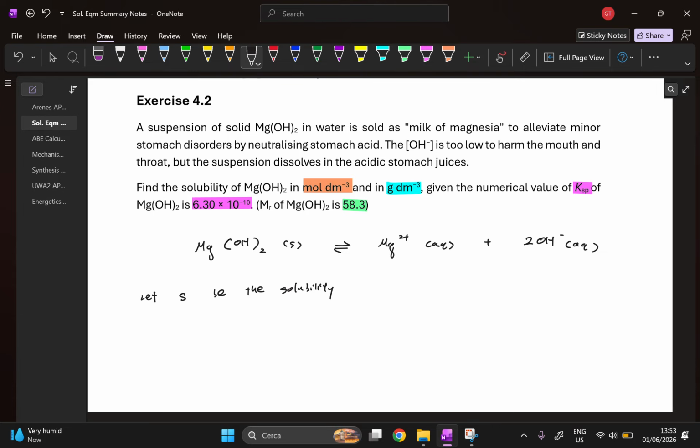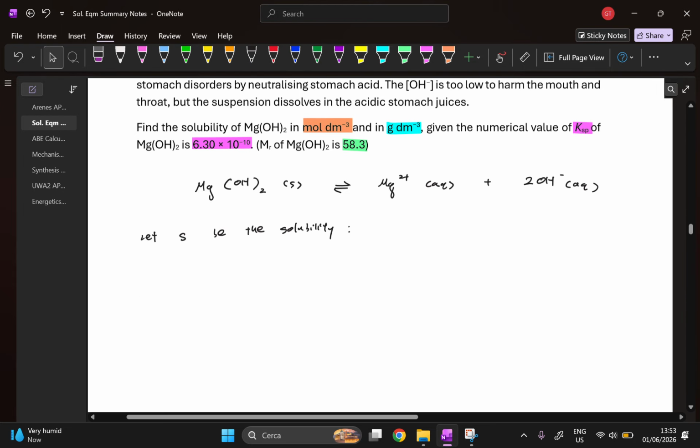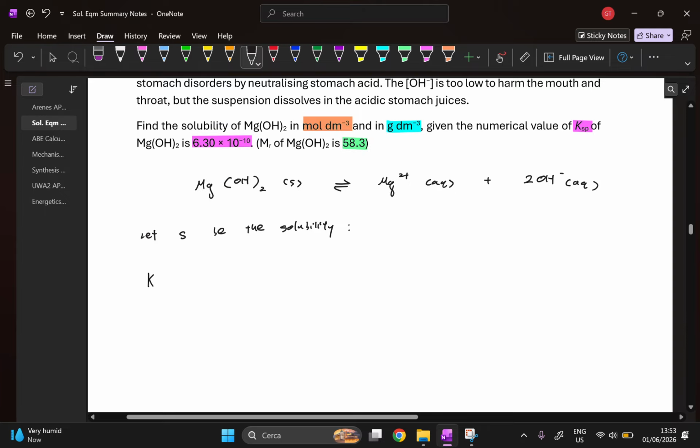It's just the units of S. So let's write out the Ksp expression. I want to find the molar concentration of ions. This is going to be Mg2+, and by the stoichiometric ratio, this is going to be OH minus, and there's going to be a power here. It's going to be OH minus squared.